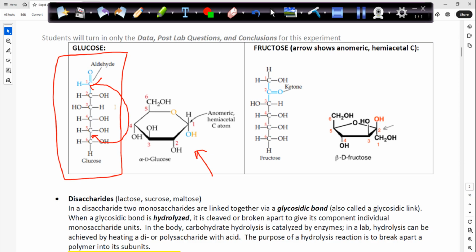And this is the hemiacetal group, as you can see here.